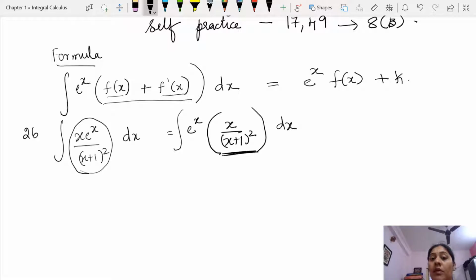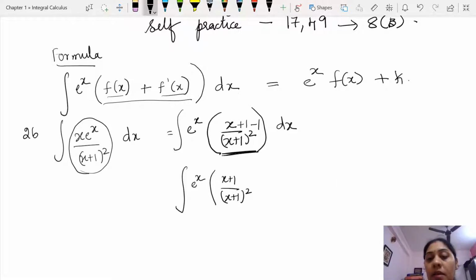Yes. We can do this by adding 1 and subtracting 1. Look at what happens in the next stage: x plus 1 divided by x plus 1 the whole square.